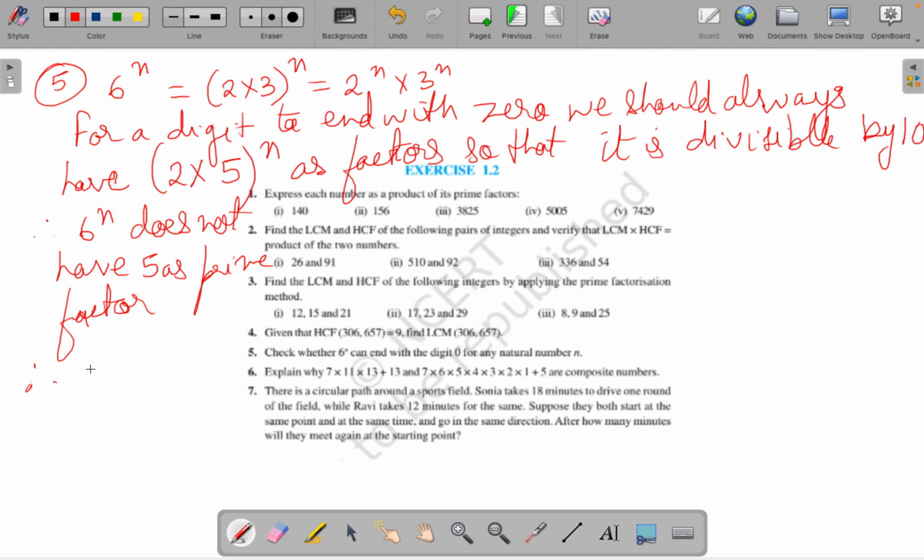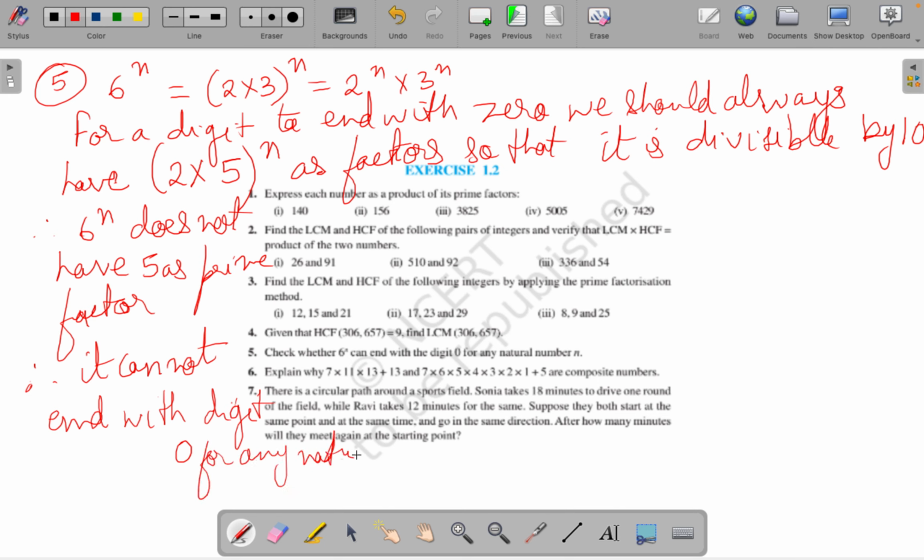Therefore it cannot end with digit 0 for any natural number n. That is question number 5 for you.